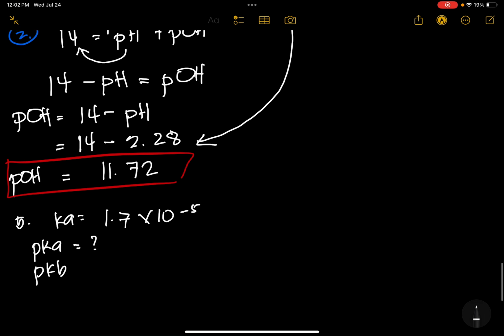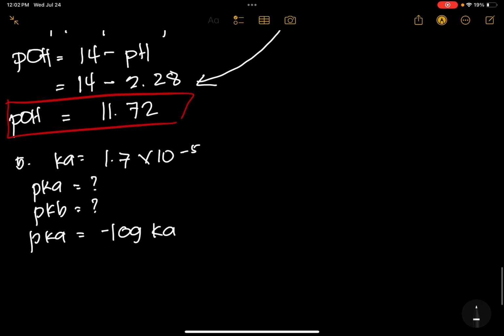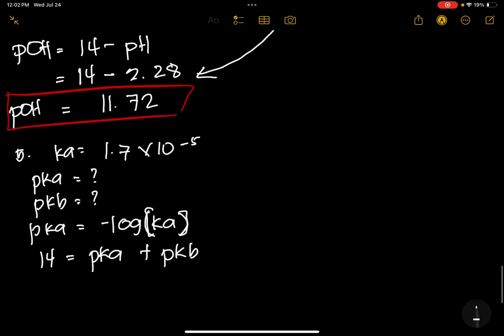So, we have to use pKa equals negative log Ka, and the formula also nga 14 equals pKa plus pKb. Amo ang formula natin.